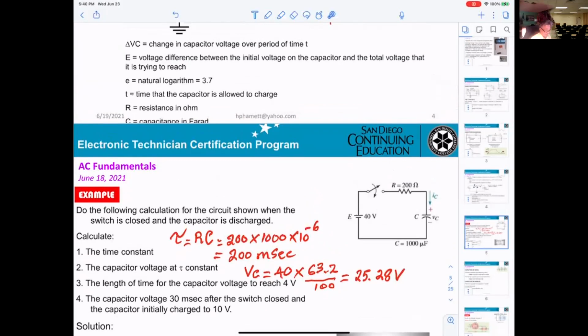Okay. So do you have any question on number 1 and number 2? Why do you have to divide by 100? The thing is, they say 63.2%. You understand? Okay, got it. It just wasn't written out.